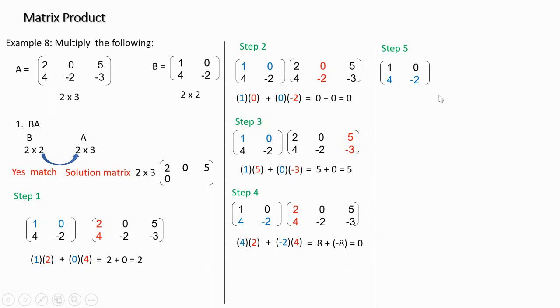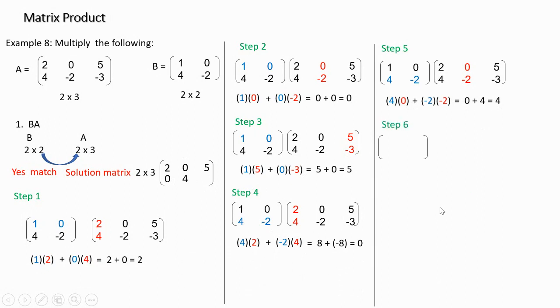We got one right. So again, now we're going to be multiplying by the second column. So 4 times 0 plus -2 times -2. That will give us 0 plus 4, which the answer will be 4. And the element 4, which is the answer for this particular step, is going to go on the second row, second column position.